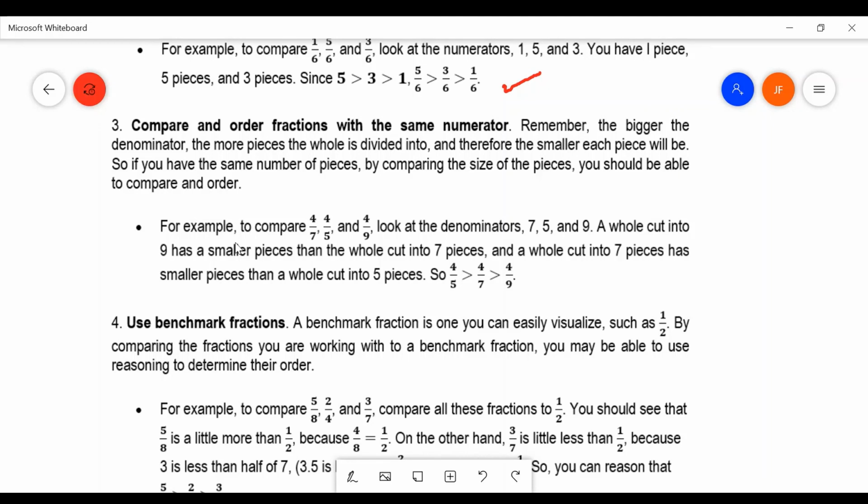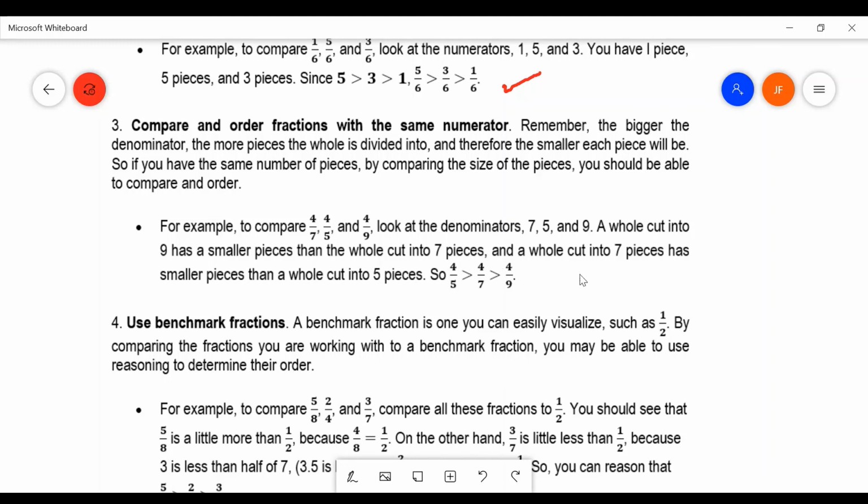For example, compare 4/7, 4/5, and 4/9. Look at the denominators 7, 5, and 9. The whole cut into 9 has smaller pieces than the whole cut into 7 pieces.